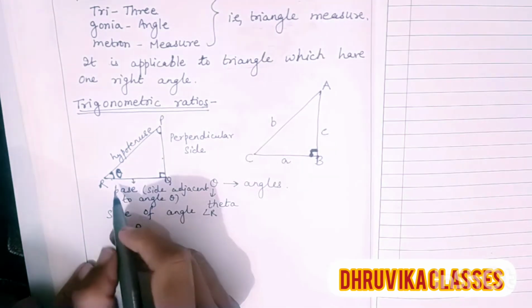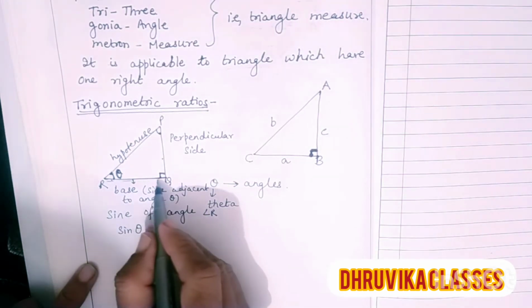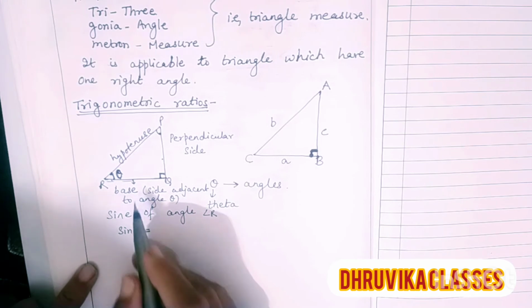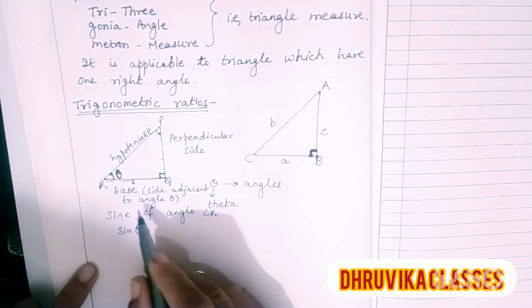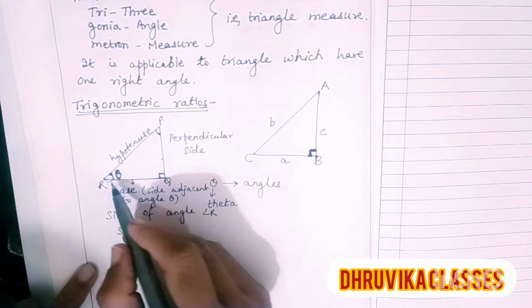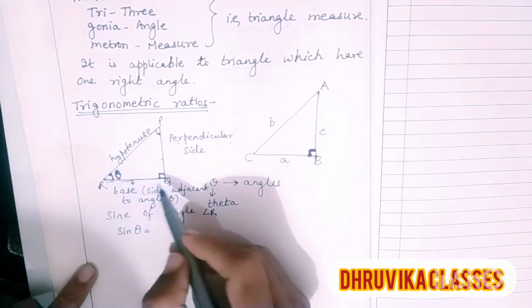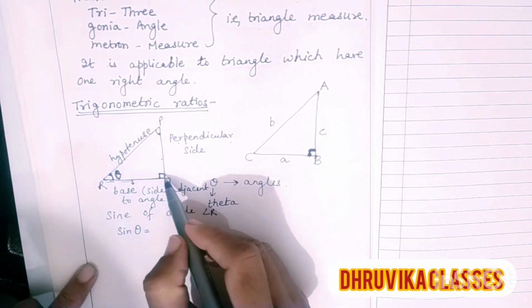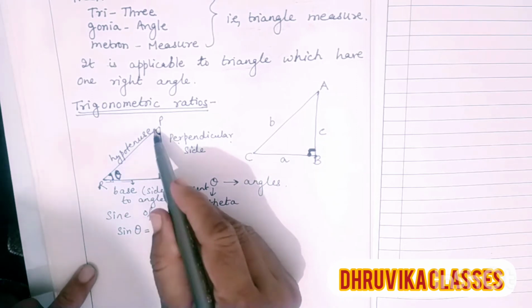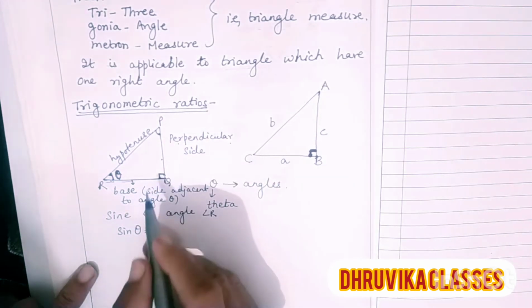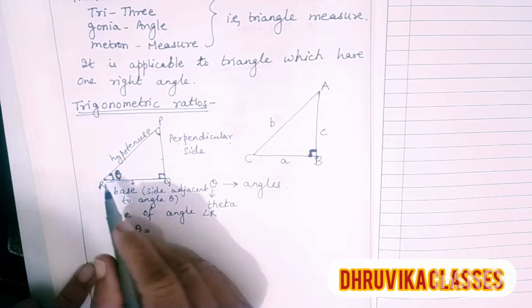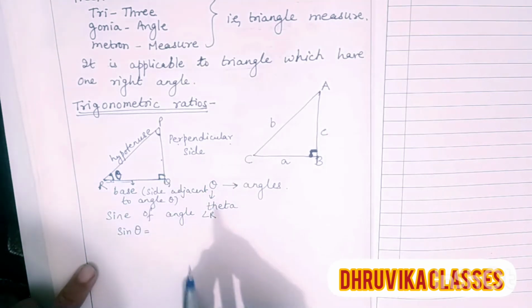So again see, the side adjacent to angle theta we call the base. The side in front of theta we call the perpendicular side, and the side opposite to 90 degree is the hypotenuse. In a right angle triangle, the longest side is the hypotenuse.